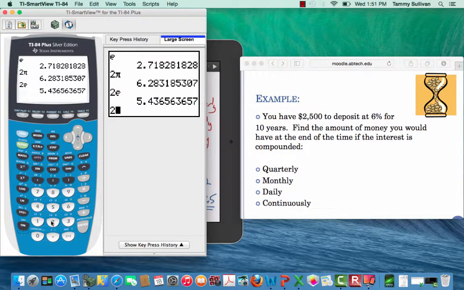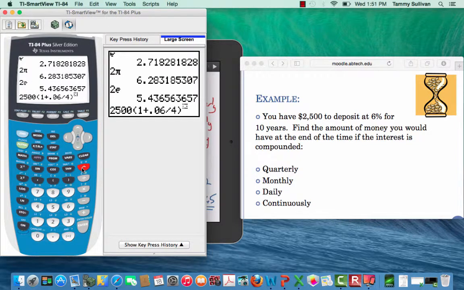So I've got 2,500. I've got 1 plus my rate as a decimal, divided by, let's do quarterly first, and then that's raised to the KT, so that's going to be 10 times 4, so it's going to be 40.